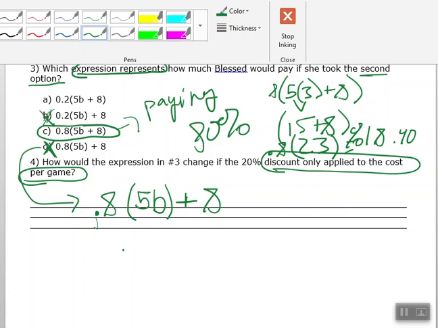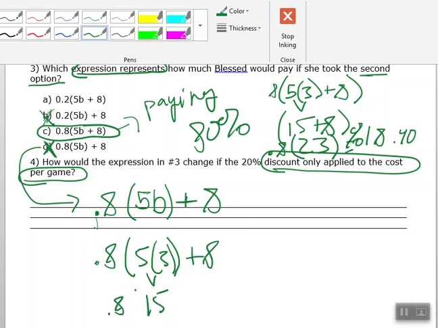All right, so we'll show you the difference here if I still played 3 games. 5 times 3 plus 8. All right, so then I have 0.8 times 15, which gives me 12.